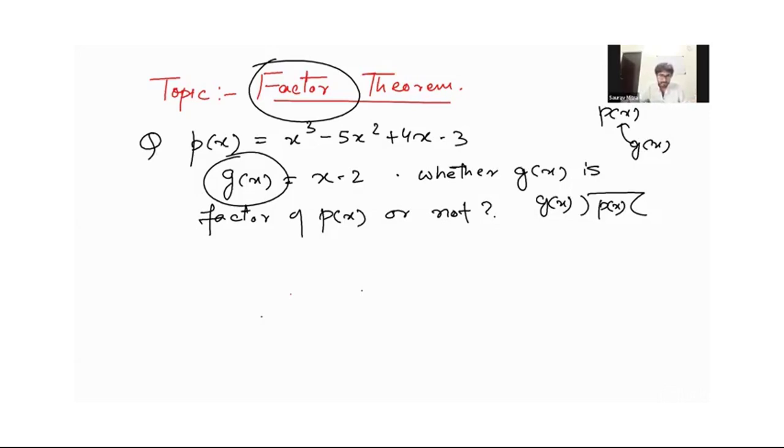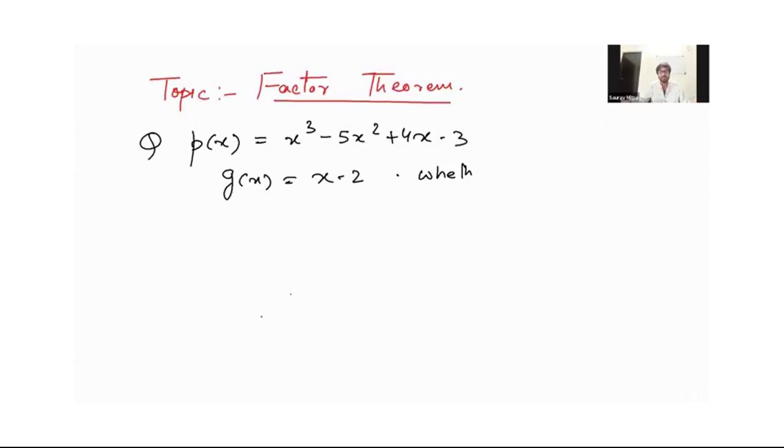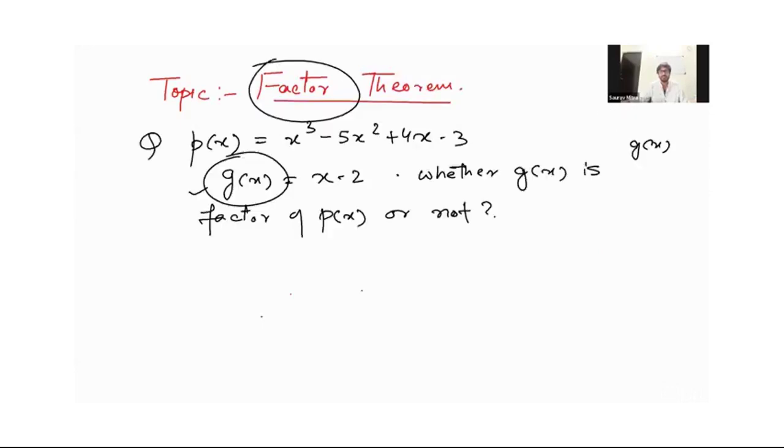In factor theorem we will see whether our remainder is coming 0 or not. If it is 0, then it is a factor, and if it is not 0, it is not a factor. Clear?